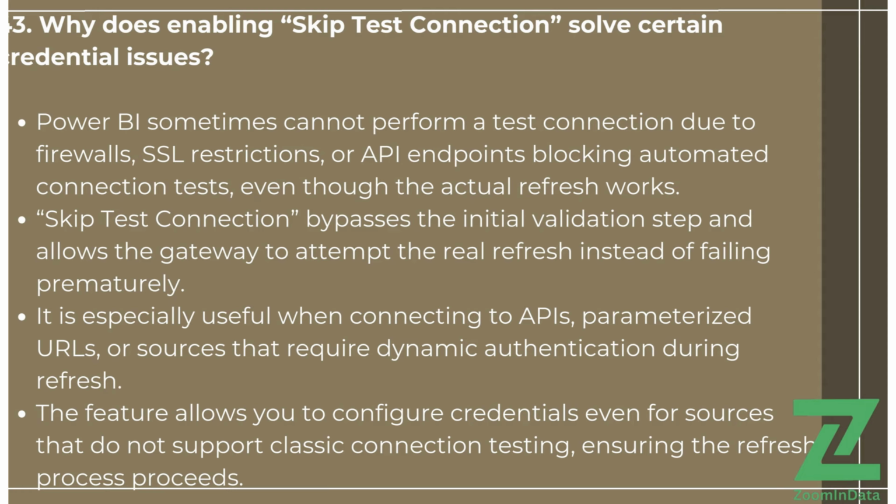Skip test connection bypasses the initial validation step and allows the gateway to attempt the real refresh instead of failing prematurely. It is especially useful when connecting to APIs, parameterized URLs, or sources that require dynamic authentication during refresh. The feature allows you to configure credentials even for sources that do not support classic connection testing, ensuring the refresh process proceeds.